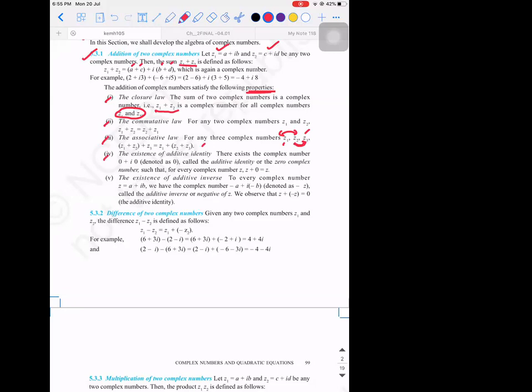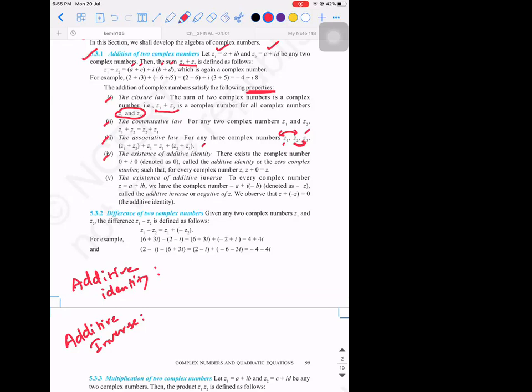Next is the existence of additive identity. There are two concepts you will be learning. Listen very carefully: one is called additive identity and the second is called additive inverse. They are both different.